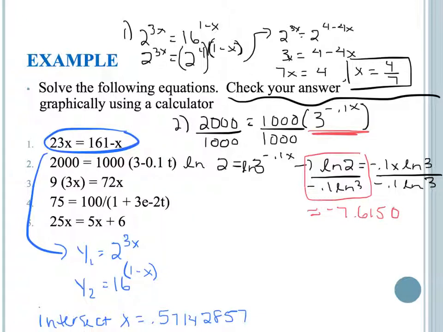So now I'm going to go check out what is 4 divided by 7. Okay, well 4/7 equals 0.5714285714. Would you look at that? Pretty close to the same answer, wouldn't you say? Imagine that.